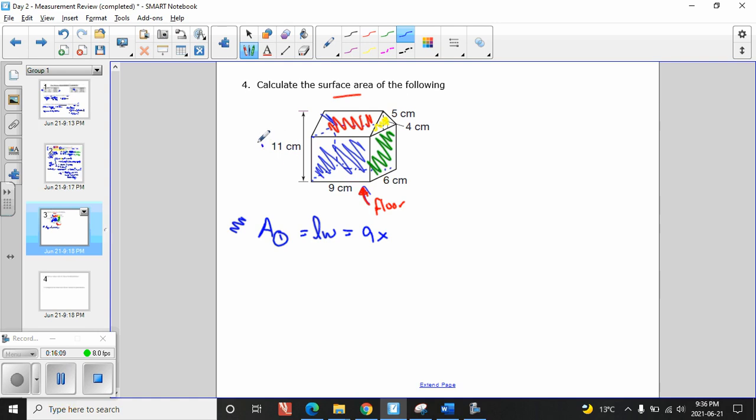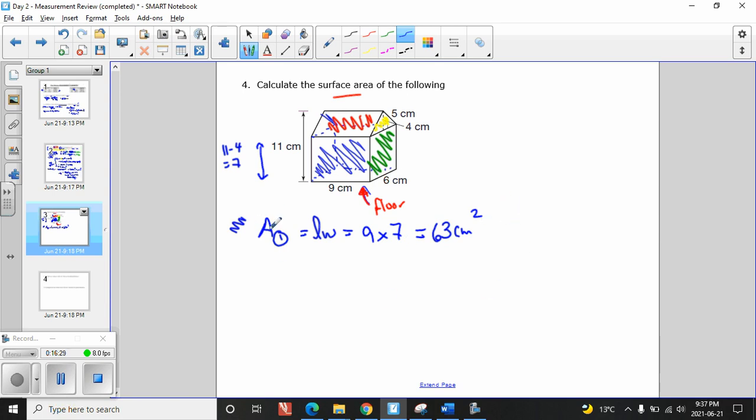So this is going to be 11 take away 4, or 7 centimeters. And 9 times 7 is 63. We're finding areas here, so it's two-dimensional. We've multiplied 2 dimensions together, so my units are going to be squared.